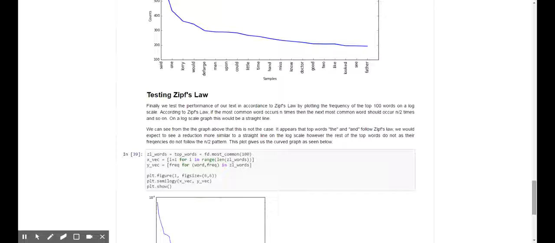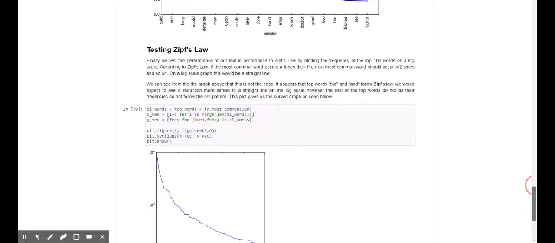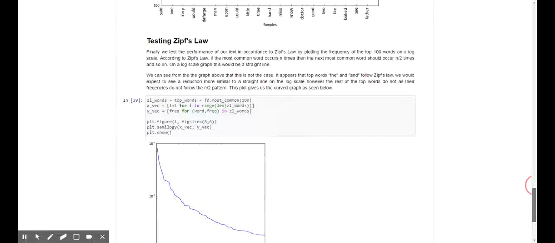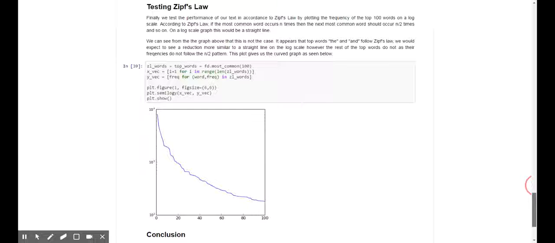So the log scale graph, when we plot, should be a straight line according to Zipf's law. We tried to plot the words here in the graph on the log scale, and we see it's not a straight line, it's a curved line.